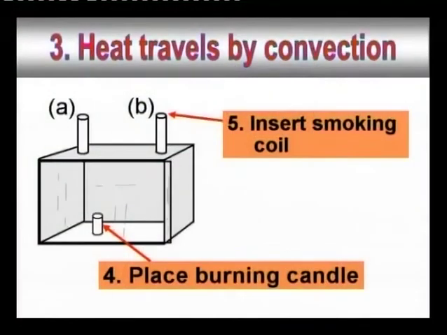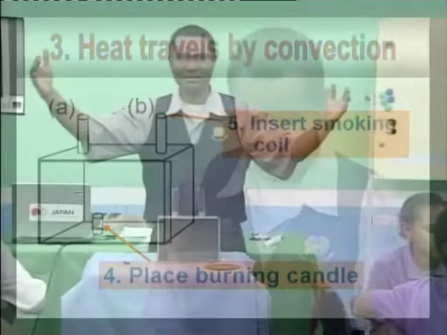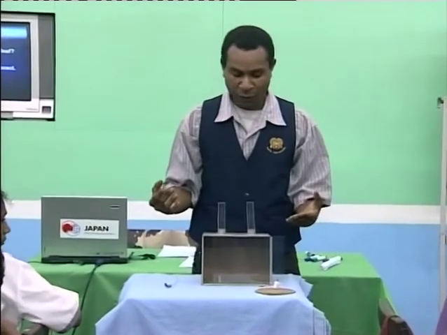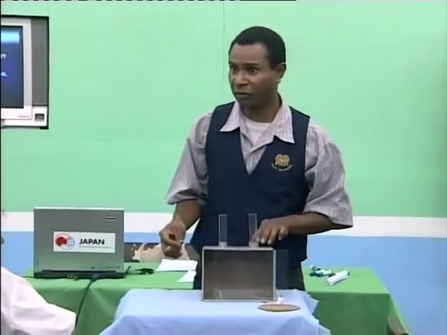Let's have a look at experiment number 3. In this experiment and class, we're going to use the coil. This is called a convection chamber.